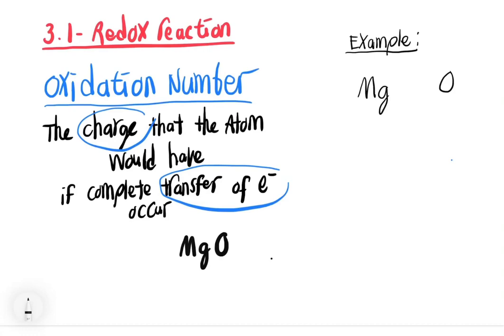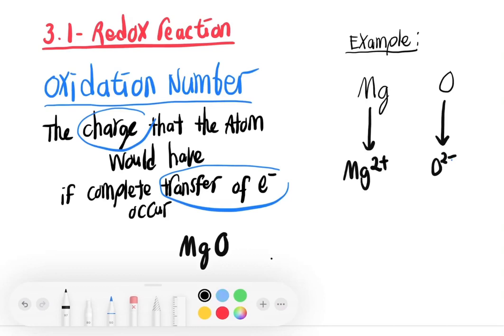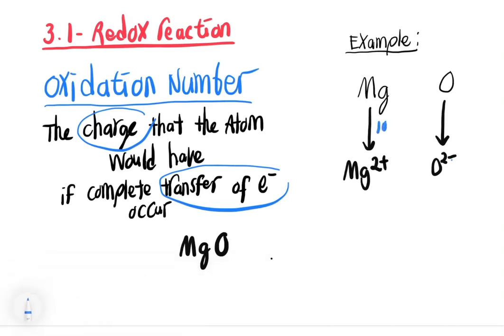If you can recall the formation of ionic compound in Form 4, Chapter 5 Chemical Bond, metals such as magnesium will donate electron to become positive magnesium 2+ ion, and non-metals such as oxygen will gain electron to become negative ion. So magnesium loses 2 electrons, and oxygen gains 2 electrons.